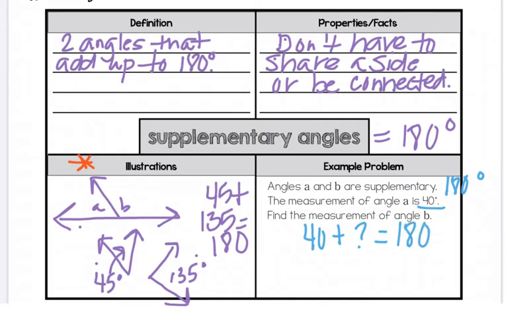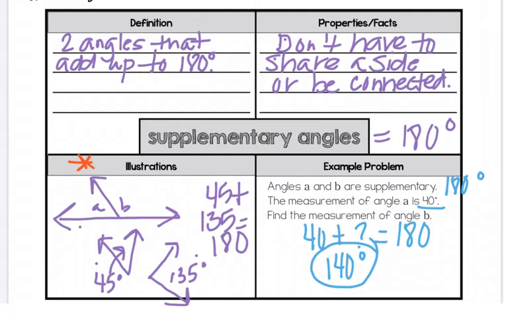Well, obviously 40 plus 140 is 180. So angle B is 140 degrees. So those were supplementary angles. And like we were talking about, as soon as you see supplementary, it's 180 degrees, 2 angles that add up to 180.